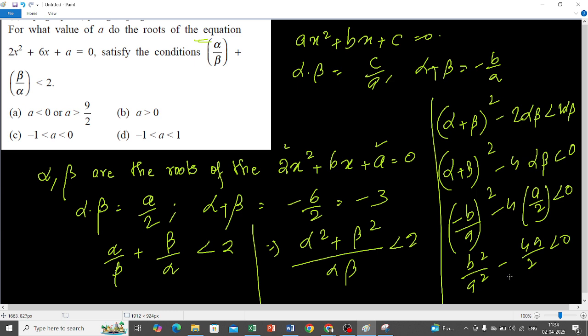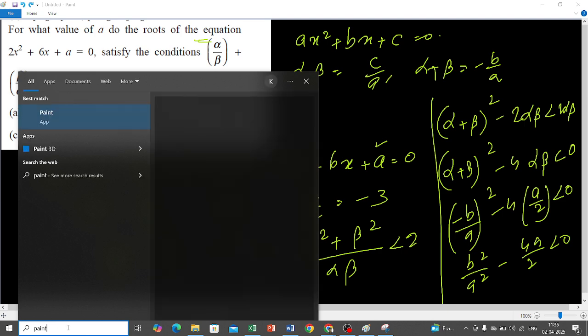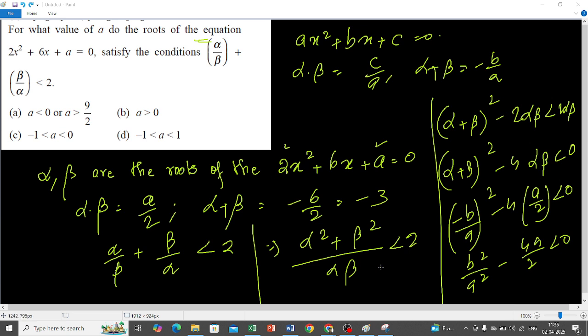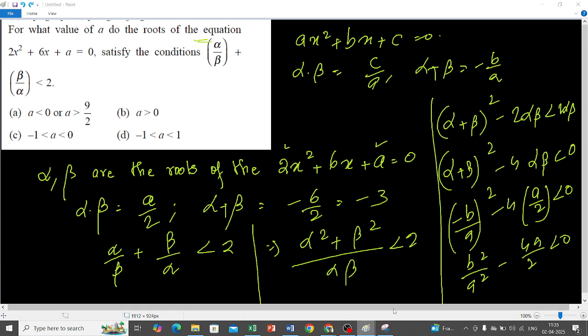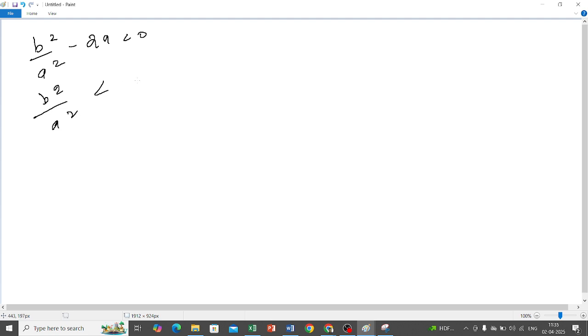Now this can be easily solved. b square by a square minus 2a less than 0, or b square by a square less than 2a, or b square by 2 is less than a cube.